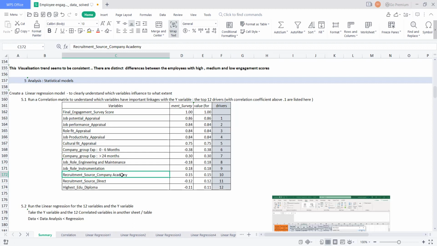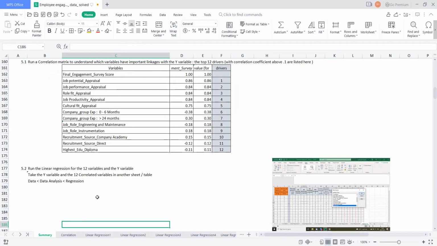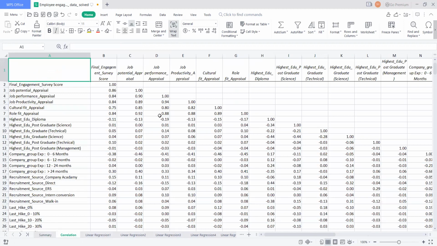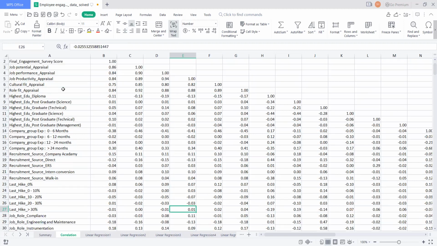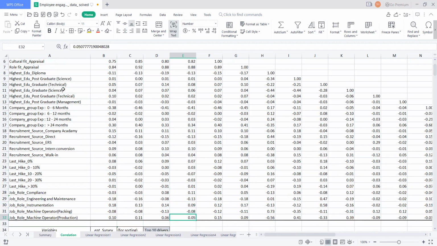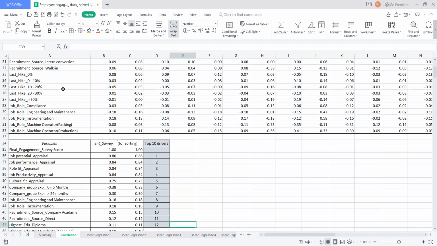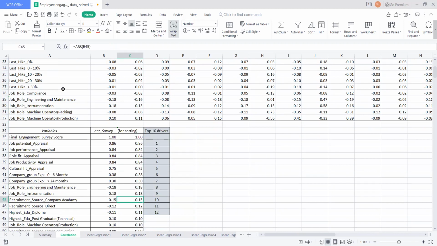So there are some parameters around job appraisals, some parameters around cultural fitment, job role, and education. So this is great. How did I run the correlation? By using the Analysis ToolPak. You've seen it earlier. So we used the Analysis ToolPak and ran the correlation. The outcome of the correlation is here. Now, the way to get the drivers is pretty simple.